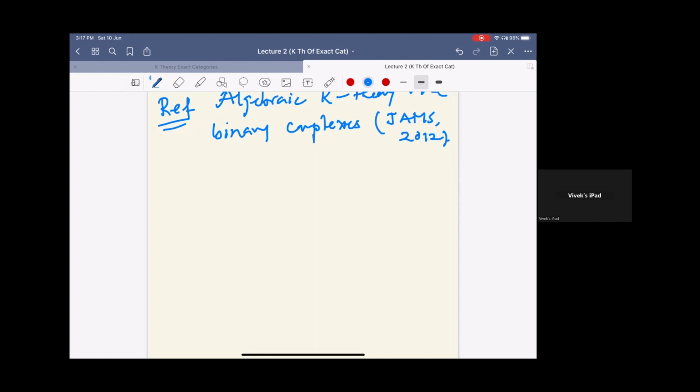So first we have to make sense of long exact sequence in a general exact category.